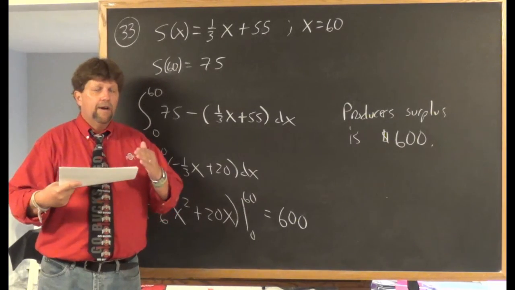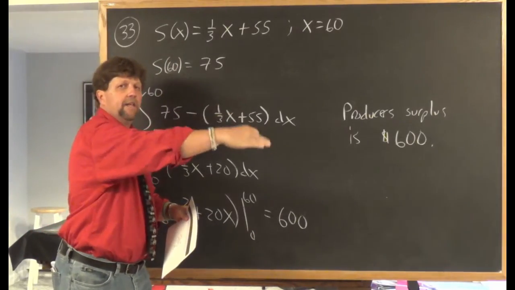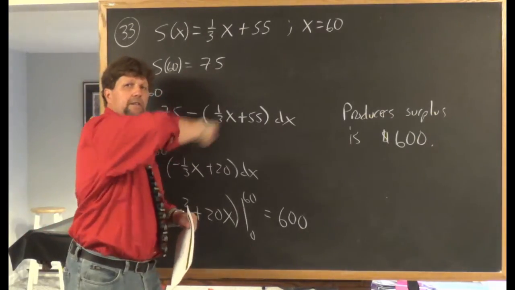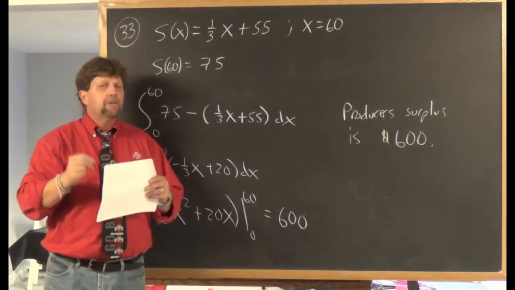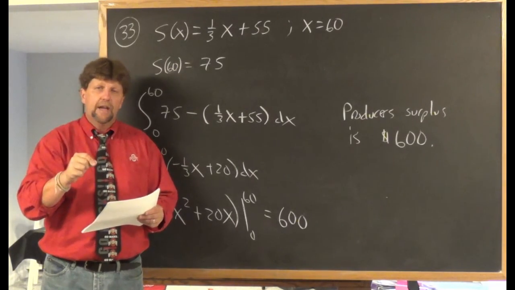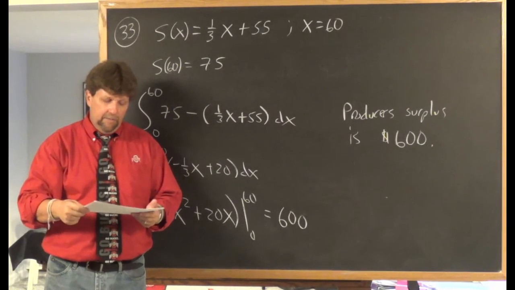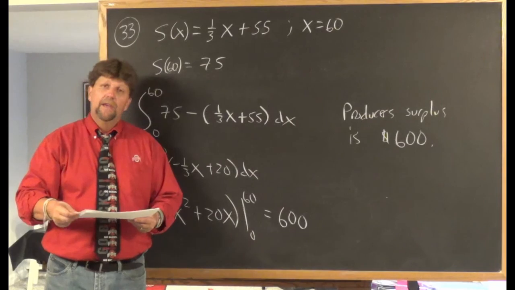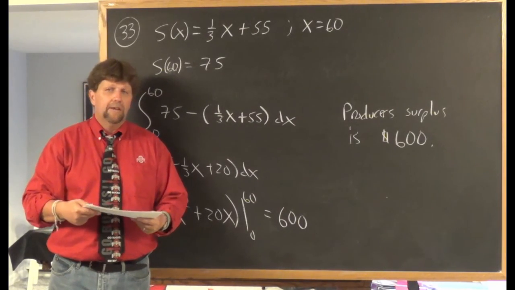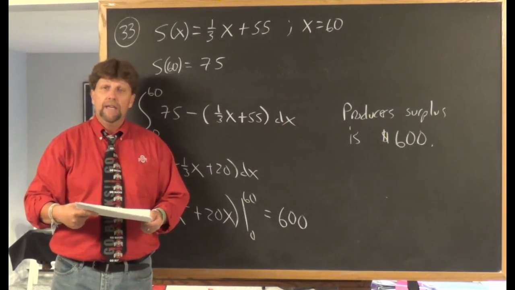It's the point where the demand function, which is always decreasing, and the supply function, which is always increasing, intersect. This magical point is going to be called an equilibrium point. After we look at that slide, I think we'll have one more example left. So let's head back to the slides and talk about the magic of the equilibrium point.